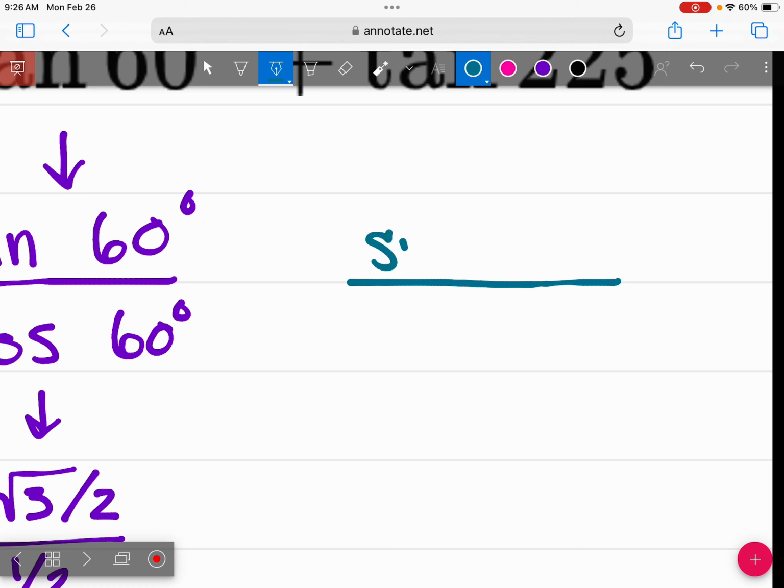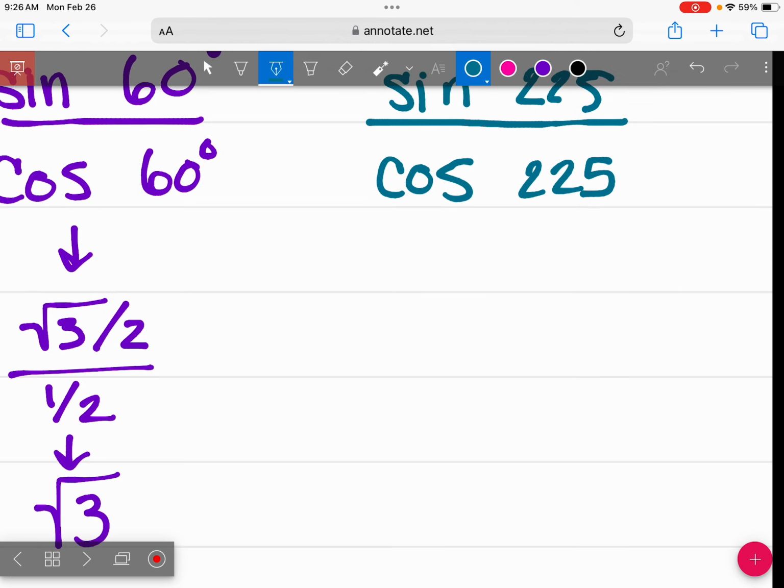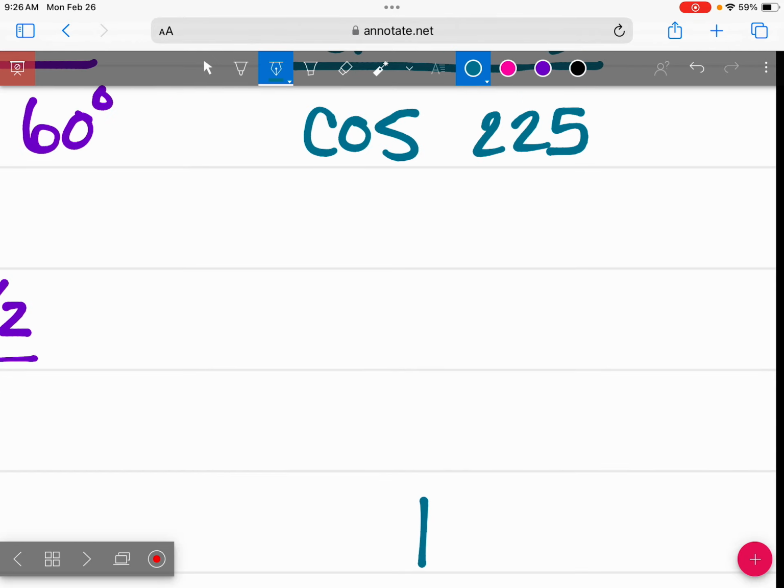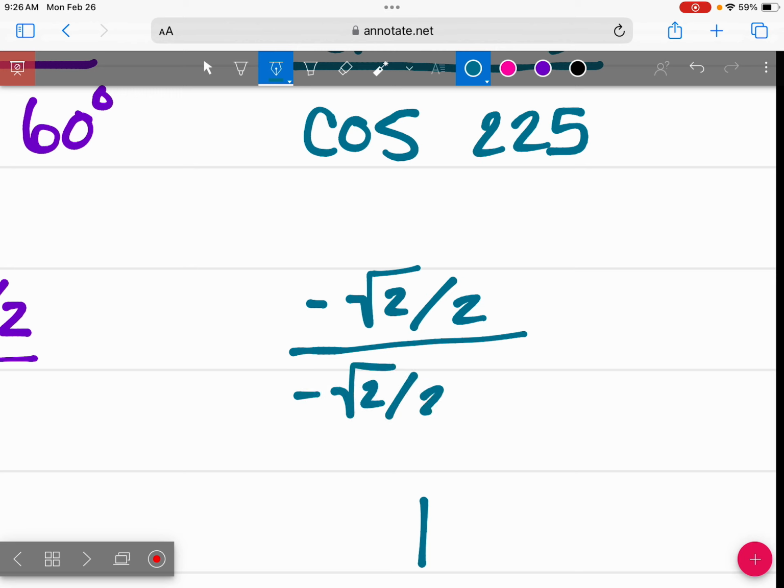And again, if it helps, your sine of 225 over the cosine of 225. What is the sine of 225? The tangent's going to be just 1, because my sine is negative square root of 2 over 2, and my cosine is negative square root of 2 over 2.